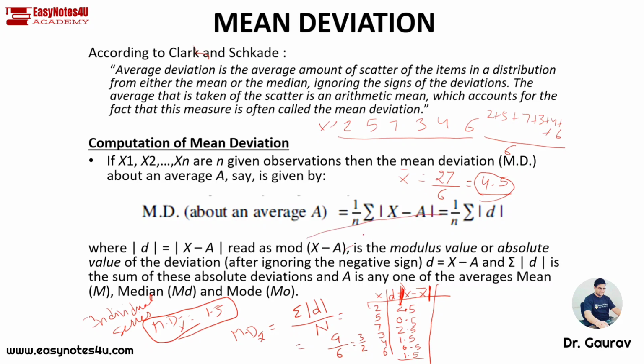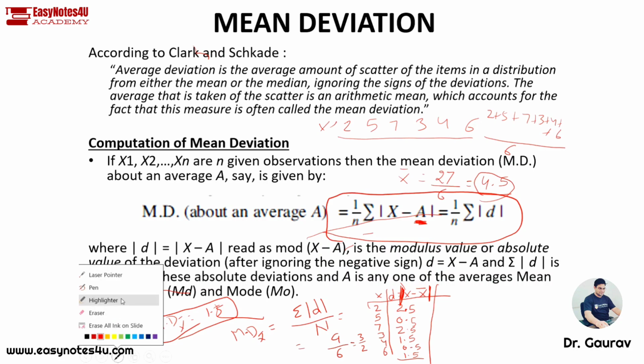Firstly, we have to take a value as the assumed mean. Instead of calculating the deviation from the mean, we will take the deviation from the assumed mean. In the same case, you can write like that. Firstly, I am erasing all the values.